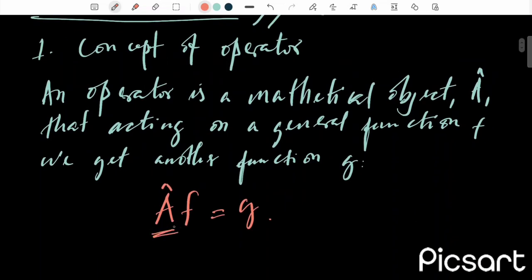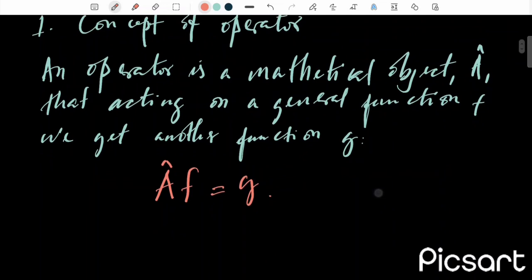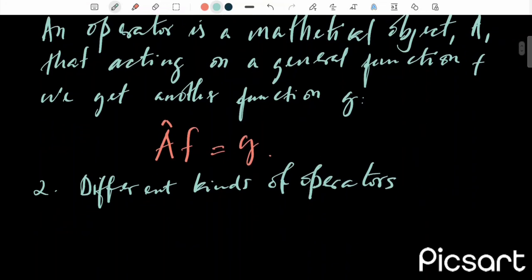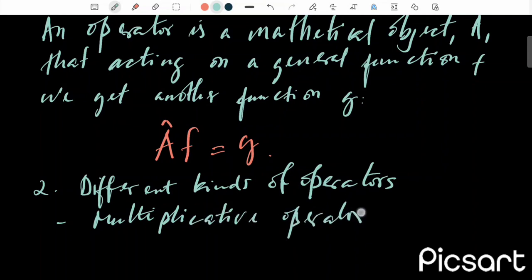This operator can be of different kinds. We begin with the first one, which is a multiplicative operator.